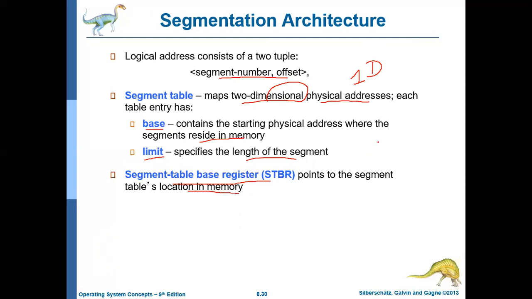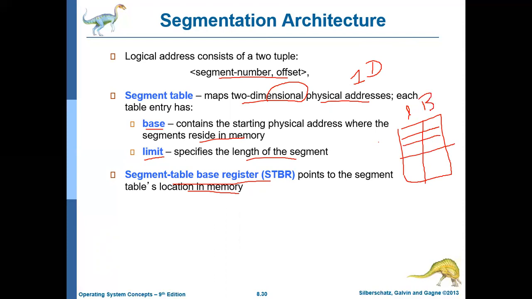See, the entire segment table is divided into two columns, right? The first column represents the limit and the second column represents the base address.